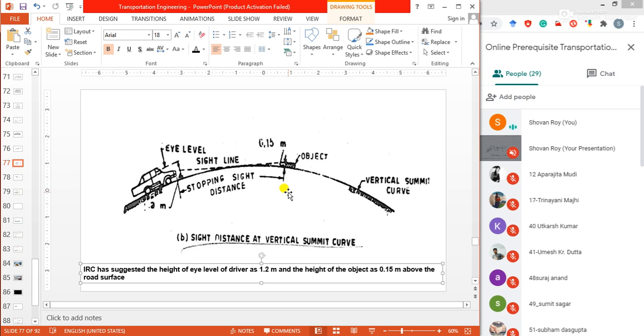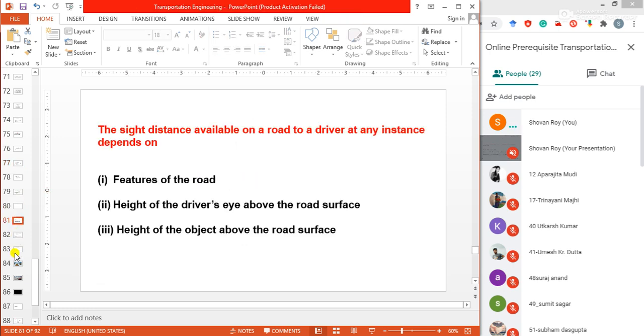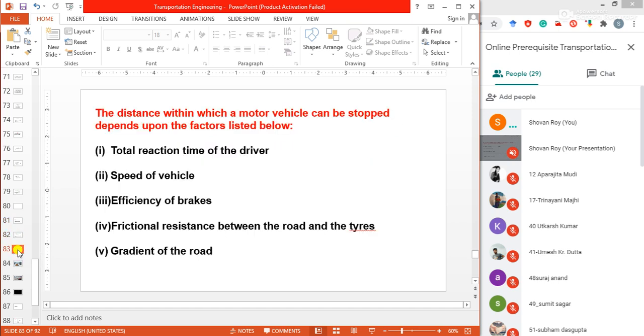The distance within which a motor vehicle can be stopped depends upon these factors. Number 1, total reaction time of the driver. Number 2, speed of vehicle.